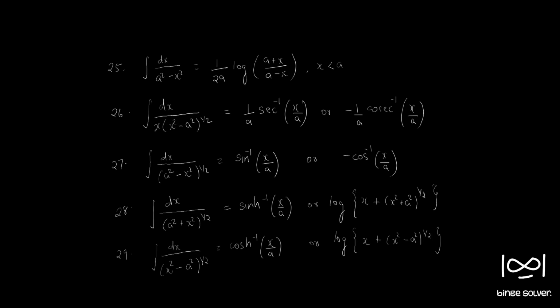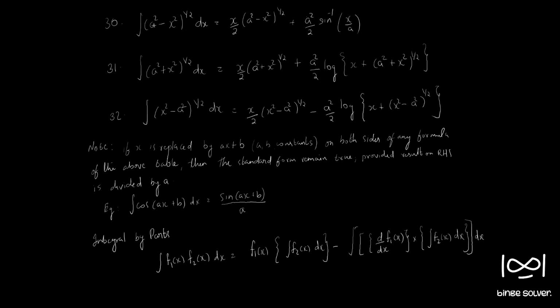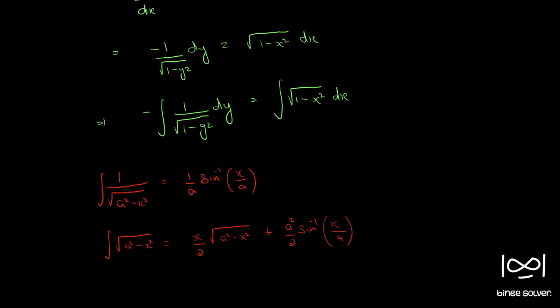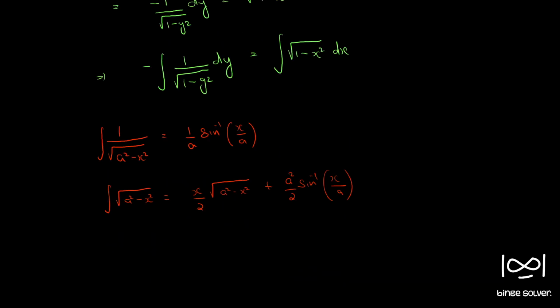And for this formula there is x by 2 into root of a square minus x square plus a square by 2 into sine inverse x by a. So that is correct. The mistake I made was there is no 1 by a here, just sine inverse x by a.